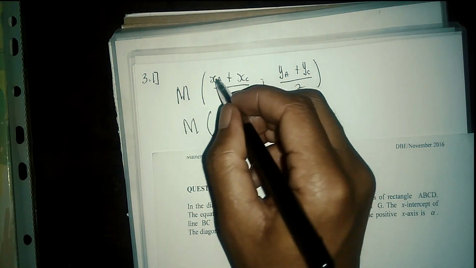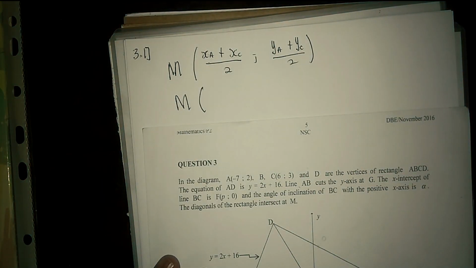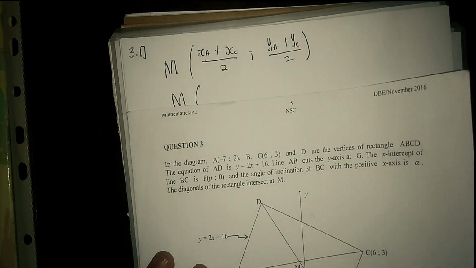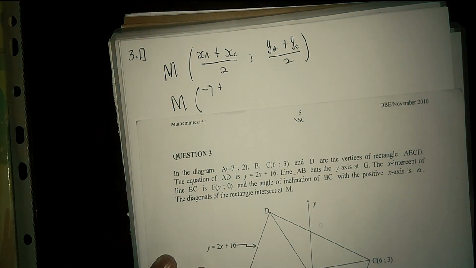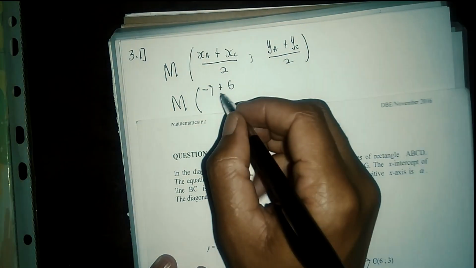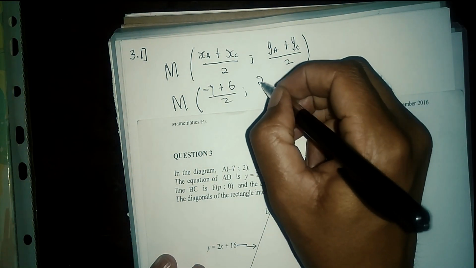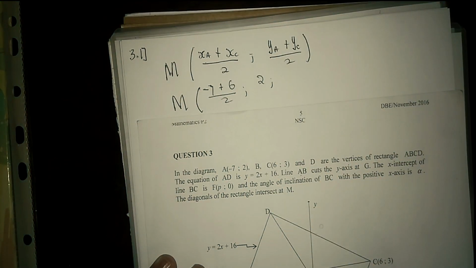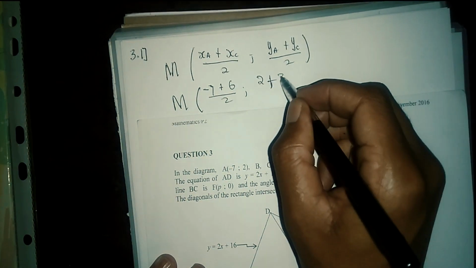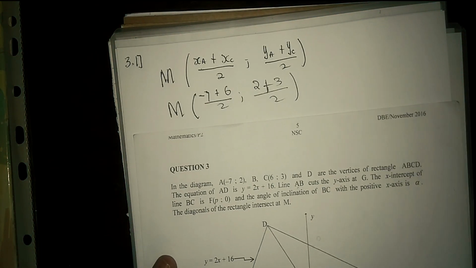XA is minus 7 plus XC, it's 6, divided by 2; YA is 2 and YC is 3.